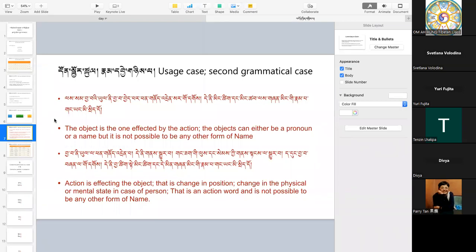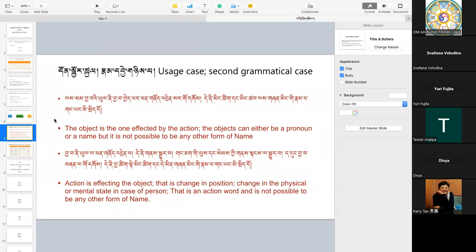So even if you use it in that context, in most cases, it will be correct. So it's the one that is affected by the action, whatever the action that is being done, something is being affected by this action. And the thing that is affected by this action or the thing on which this action is being carried out is known as the object.